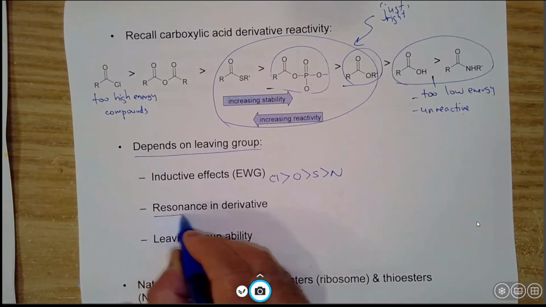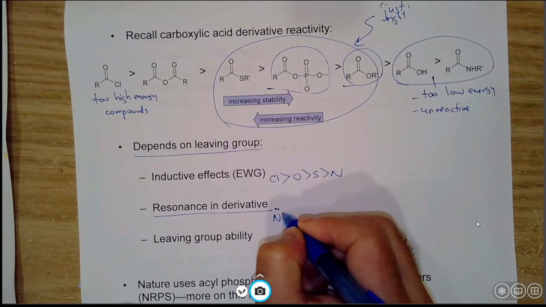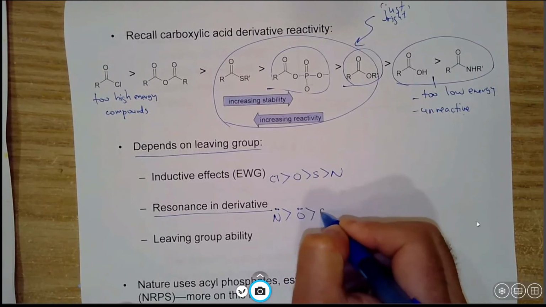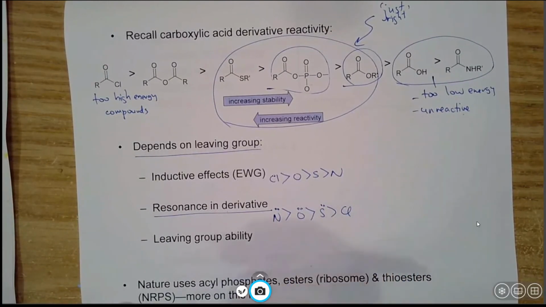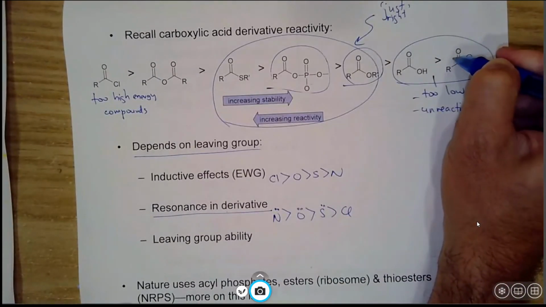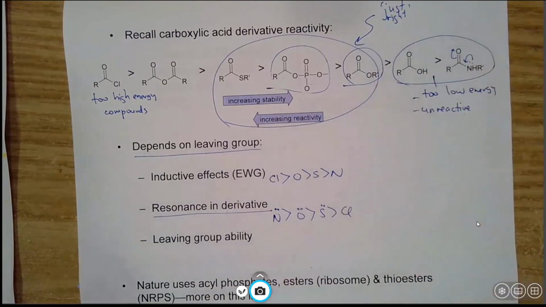Resonance in the derivative is also really important. Nitrogen is more willing to donate its electrons, so you get good resonance and electron density with that group, making them more stable. An amide, as we just talked about, has very strong resonance forms, as do esters and especially carboxylates.